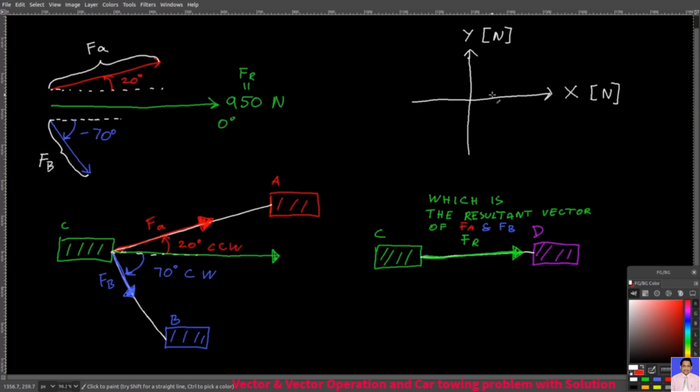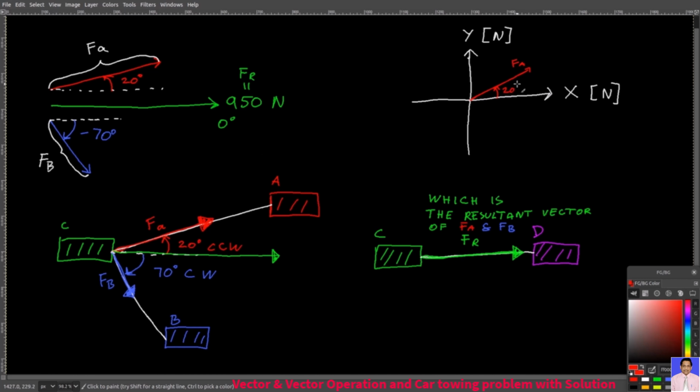The horizontal line measures force in the x direction, and the vertical line measures force in the y direction. Now I will take this Fa vector and put its tail where the origin is, and draw this vector here.